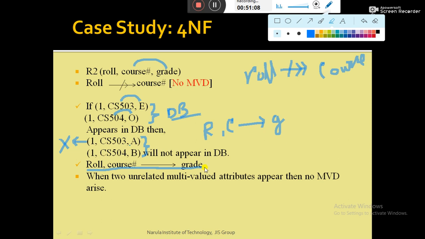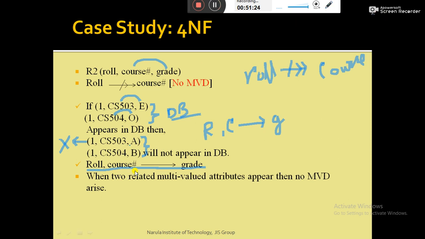So we can say that the relation R2 has no MVD. When two related multi-valued attributes are present in a relation, no MVD actually arises. So R2 has no multi-valued dependency.